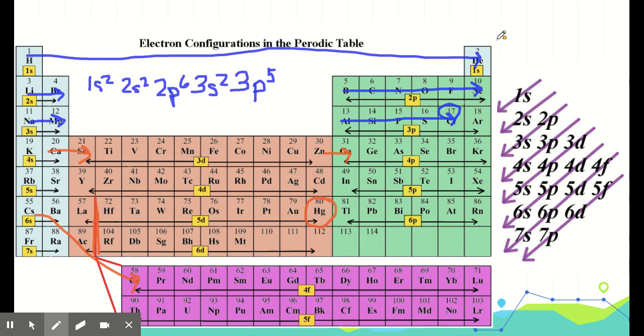I would say 1s2 because I was in level 1, s was the sublevel, and I went past 2 electrons. 2s2, 2p6 because there's 6 across, 3s2, 3p6, 4s2, 3d10 because there's 10 across here, 4p6, 5s2, 4d10, 5p6, 6s2, and then here I'd go all the way across to mercury.